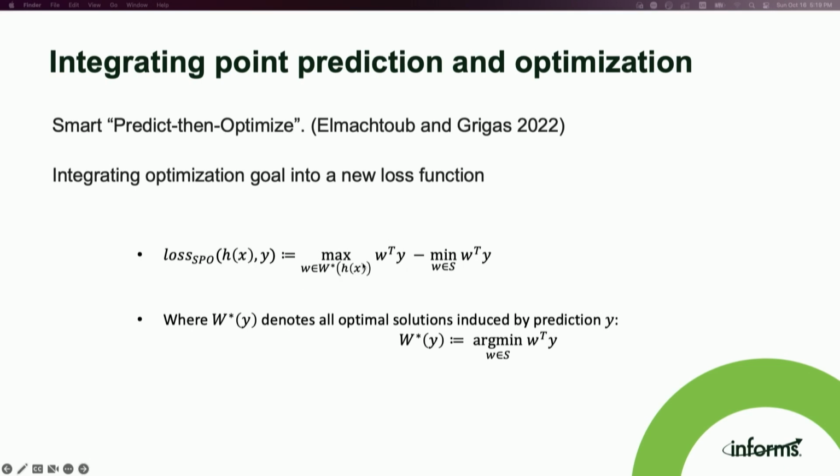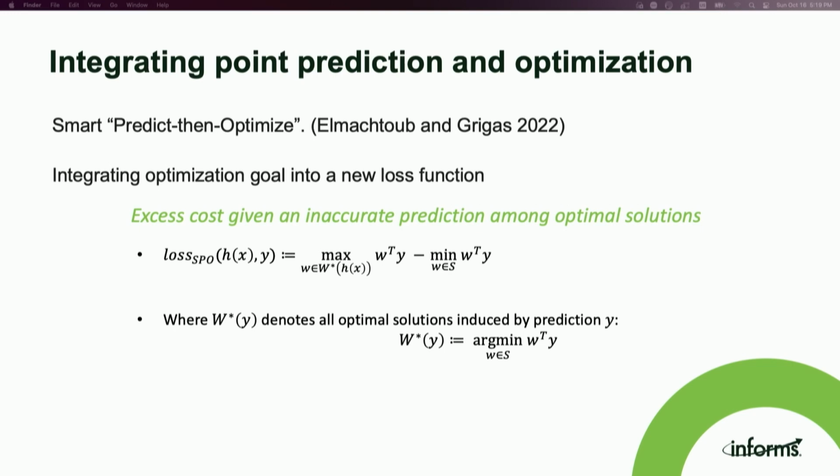It calculates the difference between the optimal objective value that one could achieve using a prediction induced by H, which is your hypothesis, minus the optimal objective value if you know the true value of Y. So this, high-level speaking, characterizes the excess cost given an inaccurate prediction among optimal solutions. And then, instead of minimizing the MSE loss, we could minimize the SPO loss in the training process.